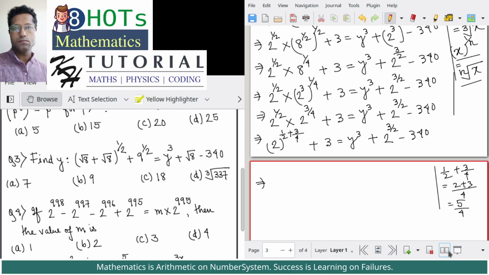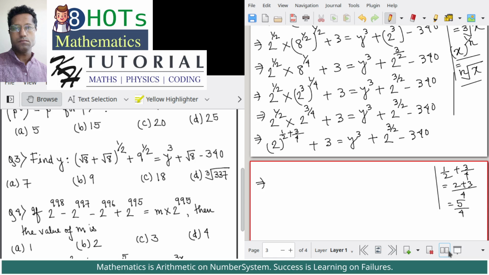Cube root of 337. Now why is cube root of 337 given? Because sometimes the choices give some hints. The choice D is cube root of 337. Now as you can see, on the left hand side we have 3, on the right hand side we have minus 340.